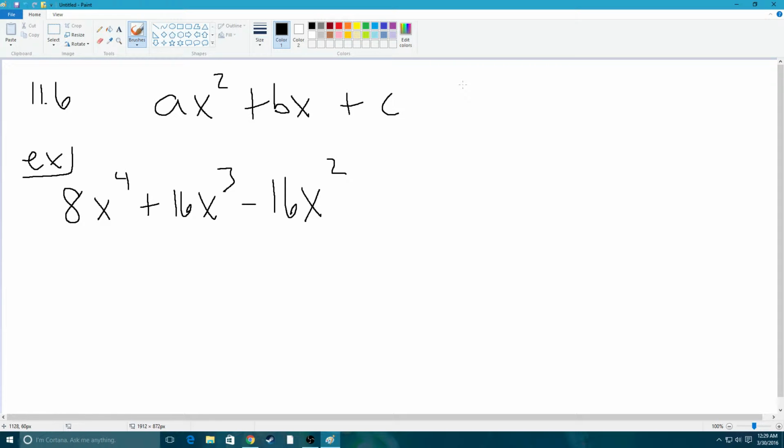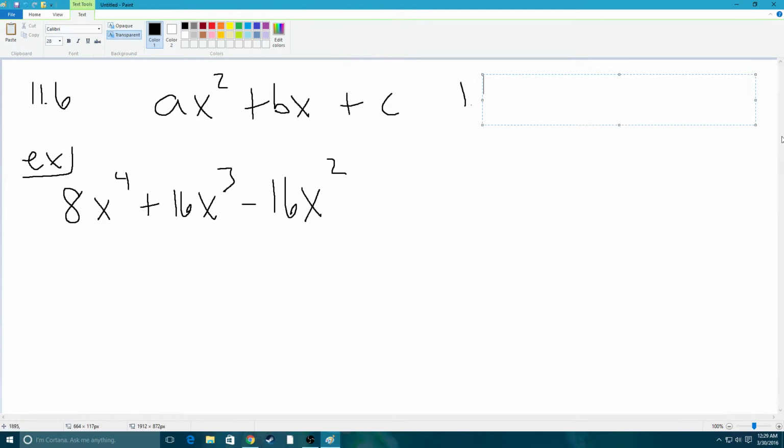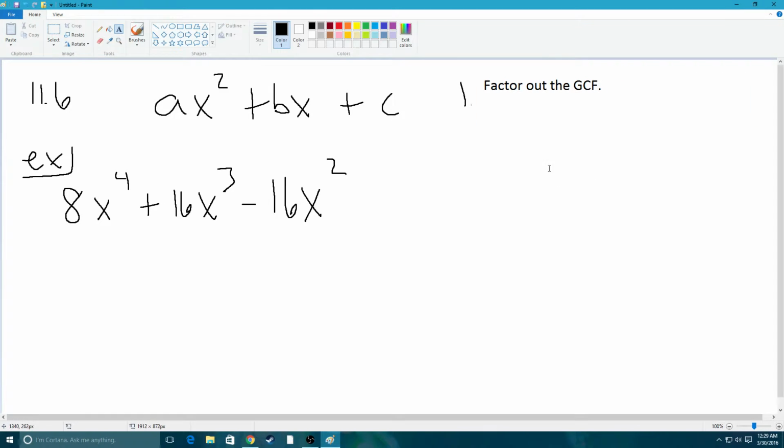So step 1 is, I'll type this out to save you from my awful handwriting, you need to factor out the greatest common factor. Take out the GCF. Okay. So what does everything here have in common that we can take out?